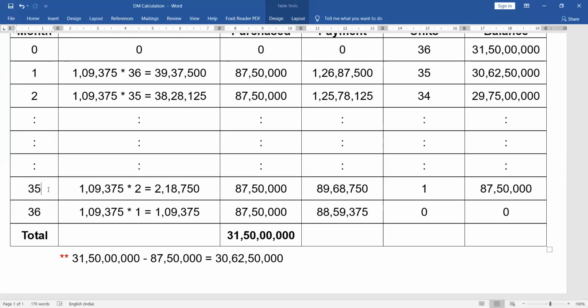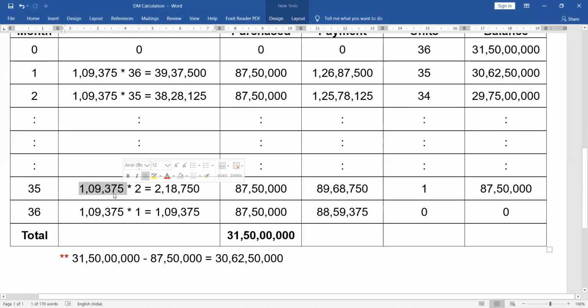Now he is going to purchase the 35th unit. Only 2 units are left. At the 35th month, again he will pay the rent, and the rent will be multiplied by 2 units.